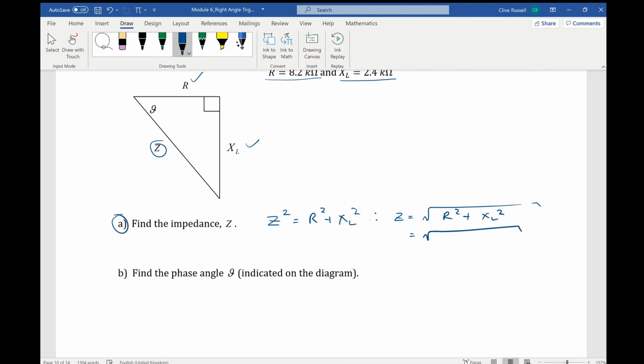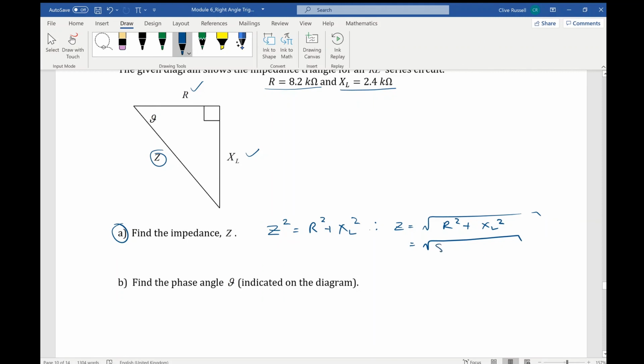We know that R is 8.2 kilo ohms, so 8.2 squared, remember that it's kilo ohms, plus our XL, which is 2.4 squared. And if you plug that in your calculator, you should get 8.5, but remember it's kilo ohms. Okay, so that's our Z value, and that's all there is to it.